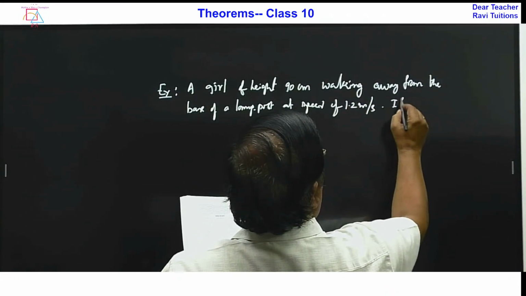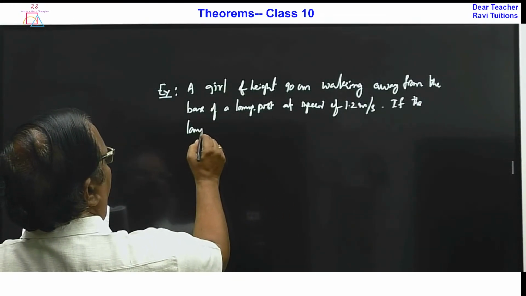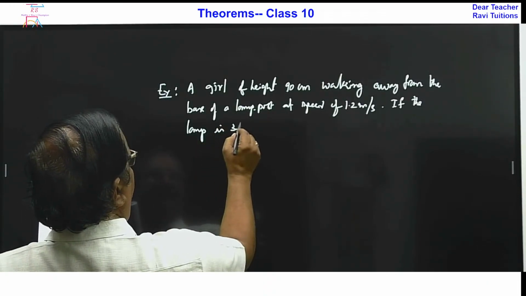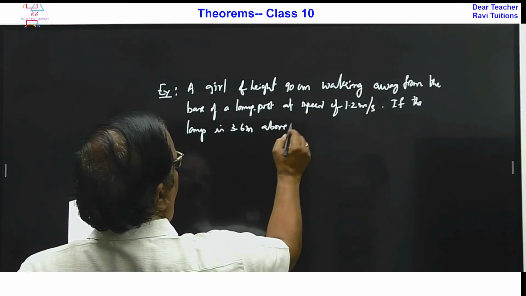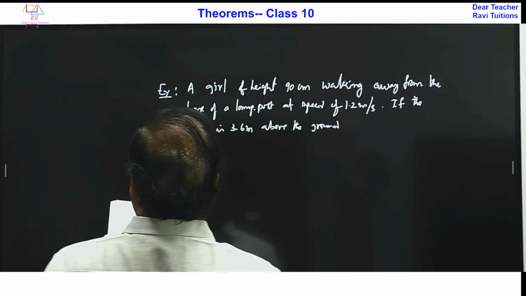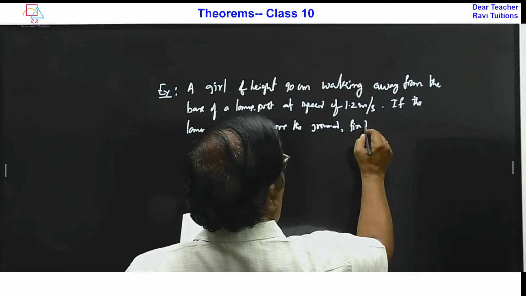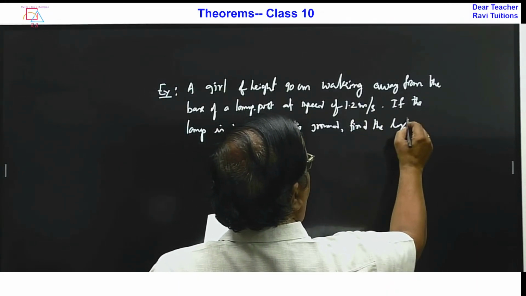If the lamp post is 3.6 meters above the ground, find the length of her shadow.